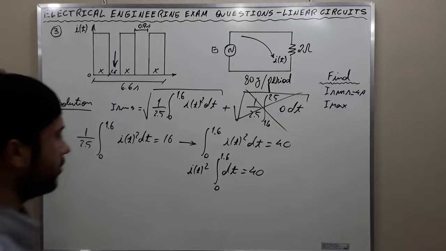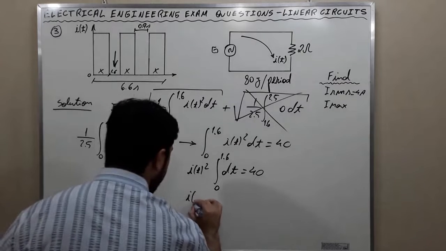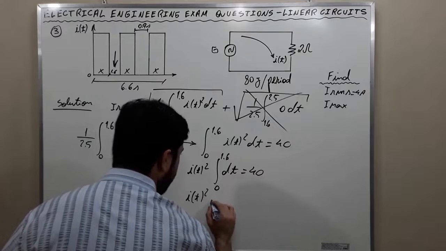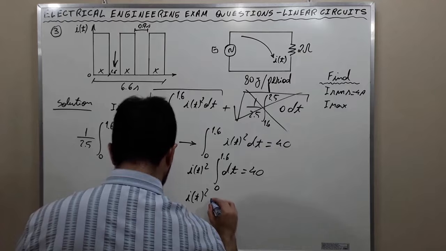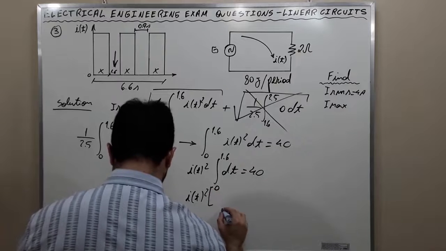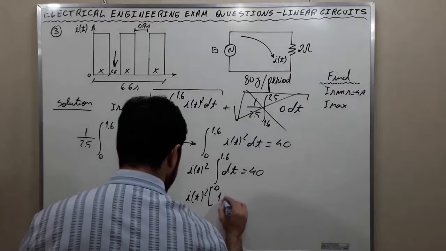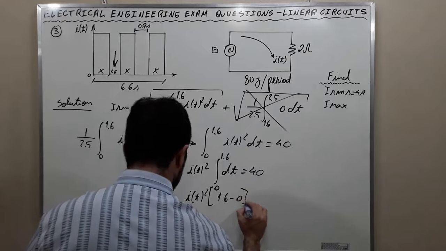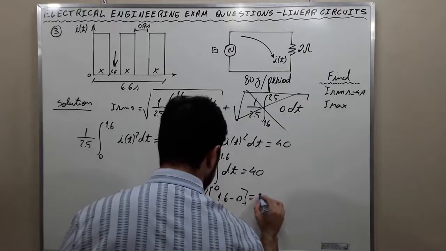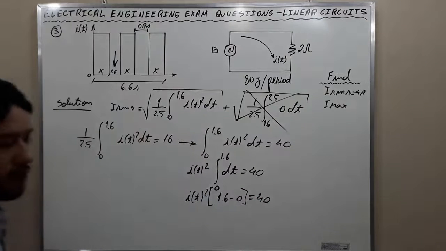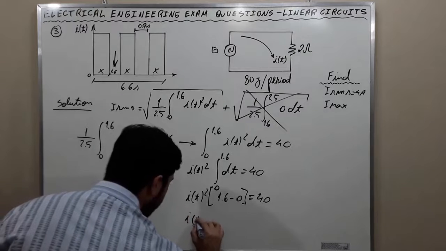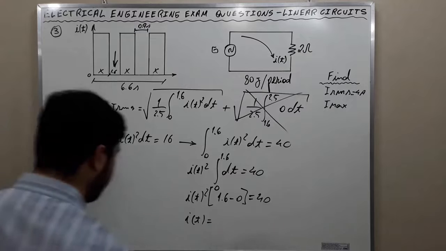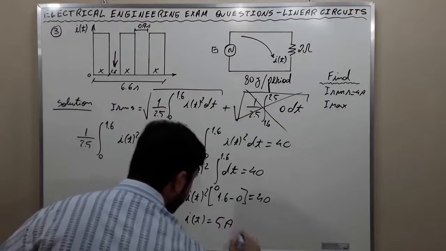And by developing this, in this way we find that the current is equal to 5 amperes.